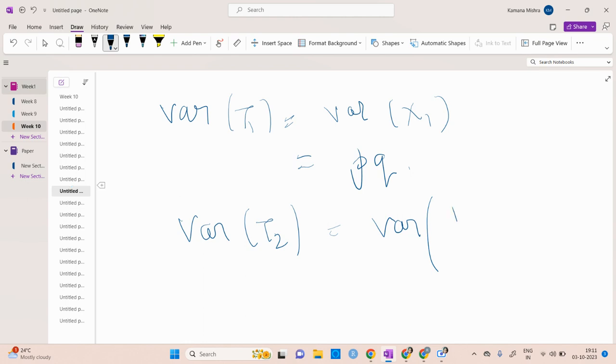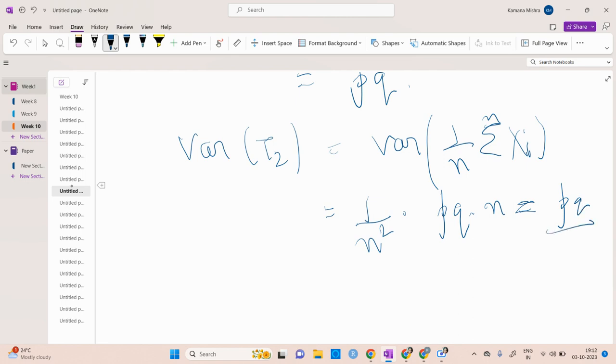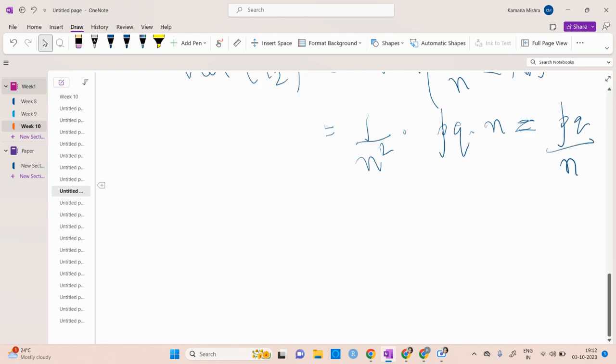Variance of 1 upon n summation xi, i from 1 to n. So 1 upon n will come out as 1 upon n square, and this is pq, and this is times n for all n. This is pq, so it will be pq upon n. Ultimately pq upon n is the variance of T2.